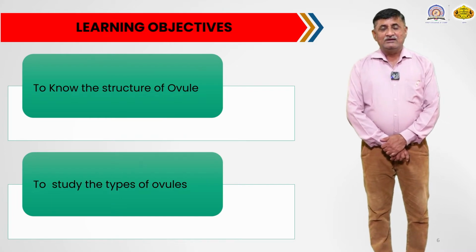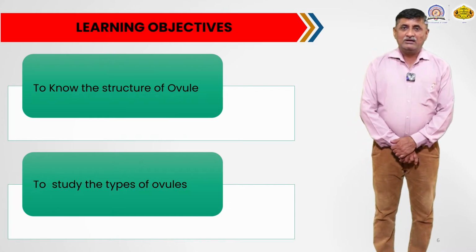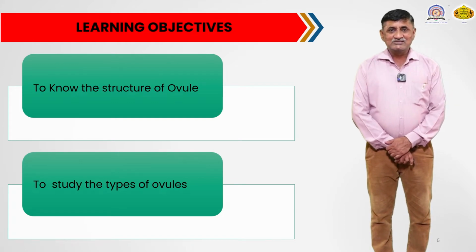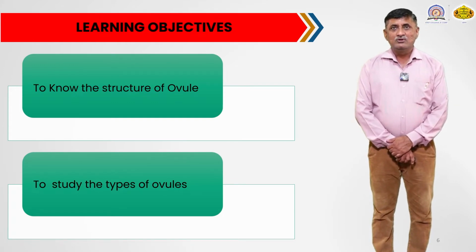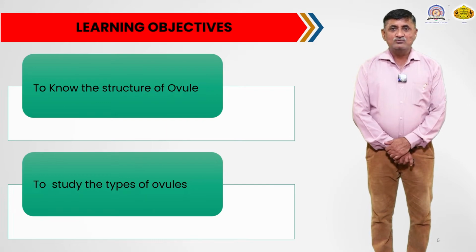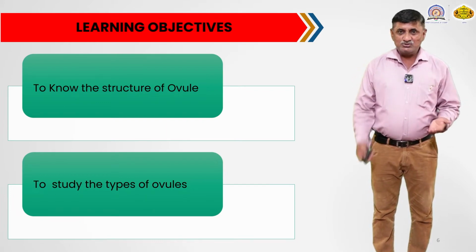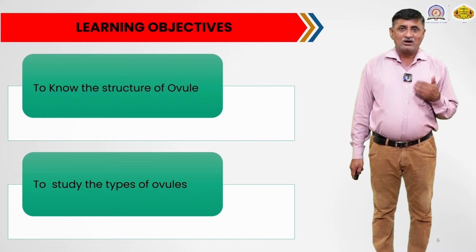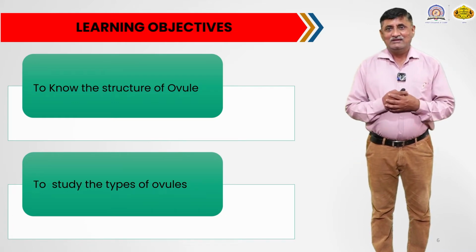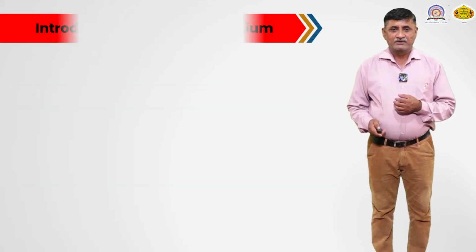The next objective is to study the different kinds of ovule found or developed in angiosperm plants.